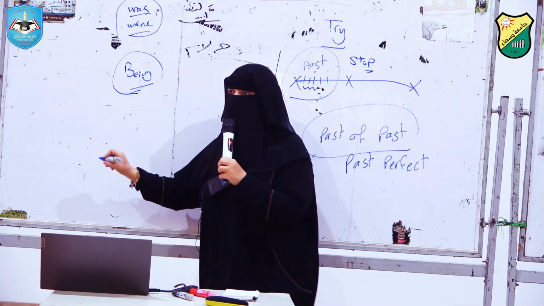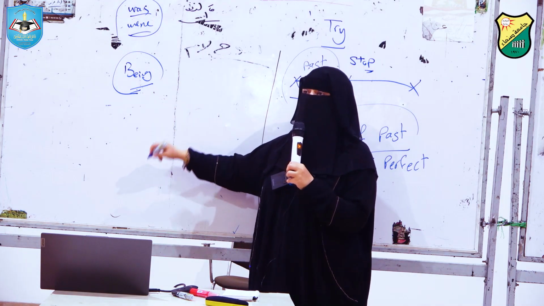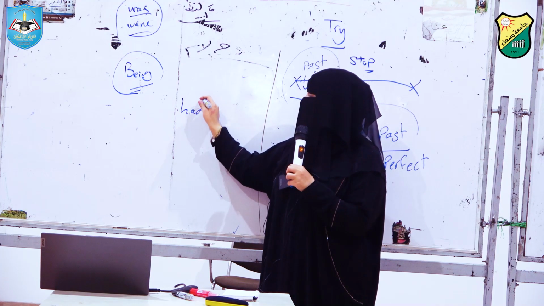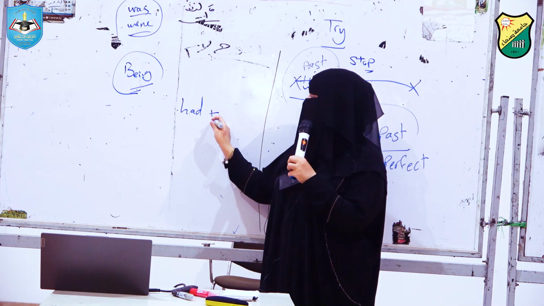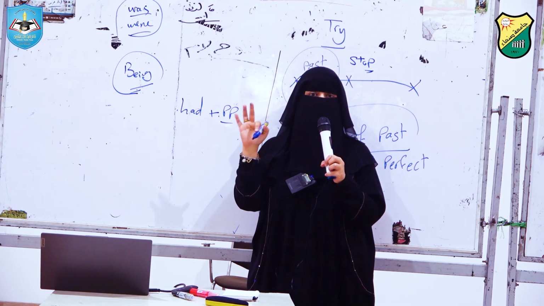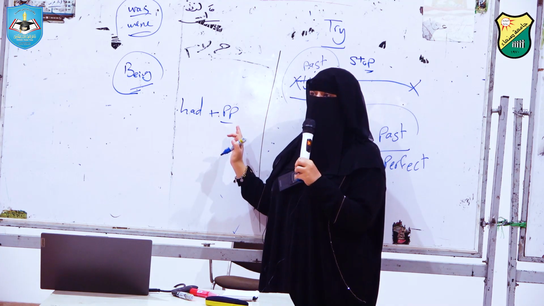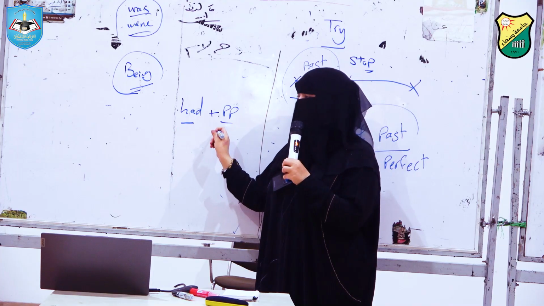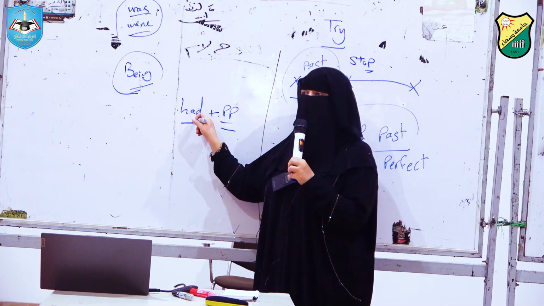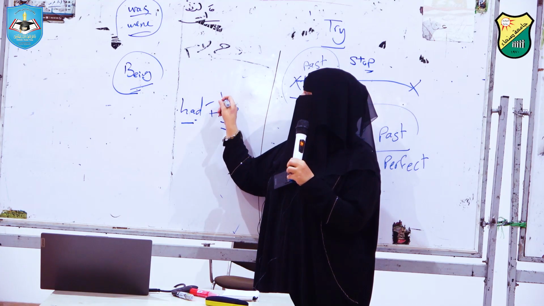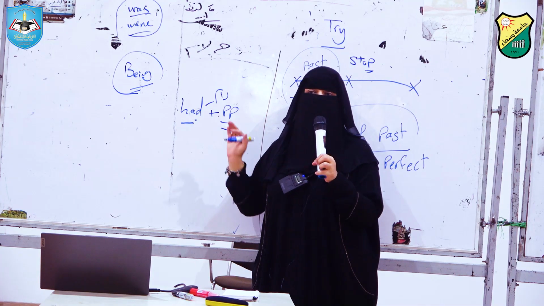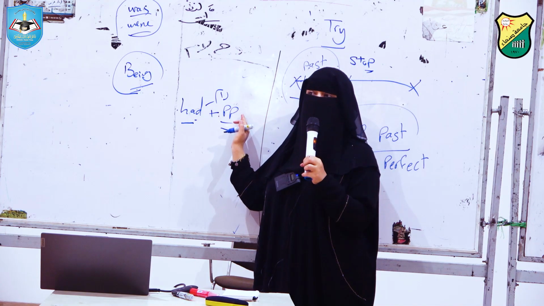The form is going to be all the pronouns, he, she, it, I, all of them, plus had, plus the past participle, the verb in the third form. So if you don't have had and you don't have the past participle, it's not correct. If you have had and then verb 1, it's not correct. I have to have verb 3. The perfect always comes with the main verb in verb 3.